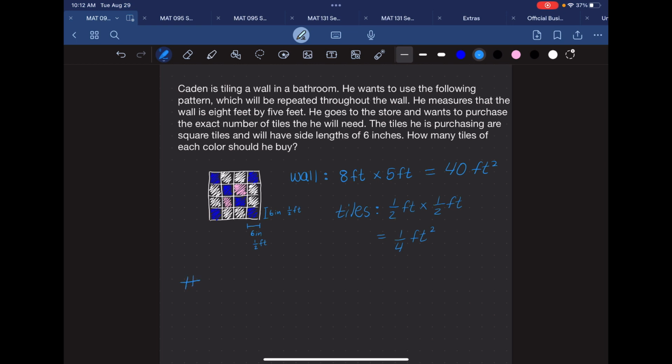And so the number of tiles needed is going to be equal to 40 divided by 1/4 square feet. And this is the same as 40 times 4. So 160. So we need to buy 160 tiles in total.